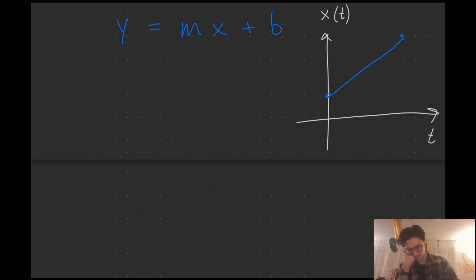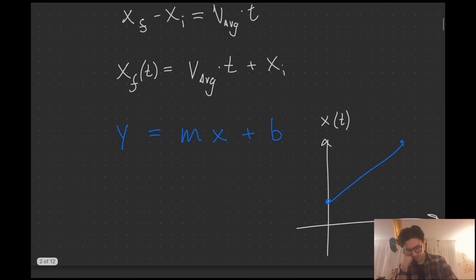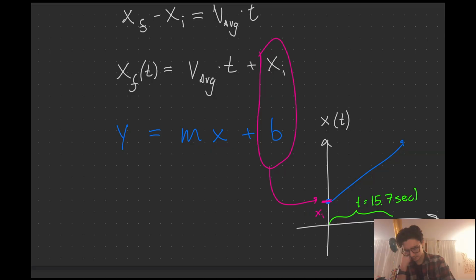Here is the y-intercept, the b. I'm going to circle this in pink. This value here is x initial. If we go a specific length in time, let's say t is equal to 15.7 seconds, then we can go upwards at this unit in time, 15.7 seconds, and find where our graph hits this.